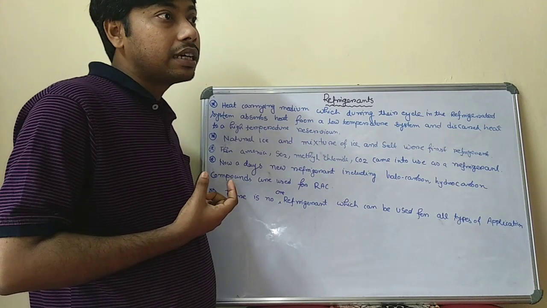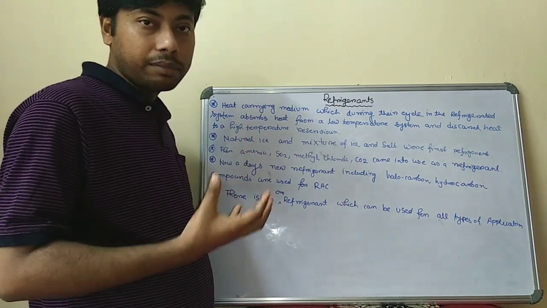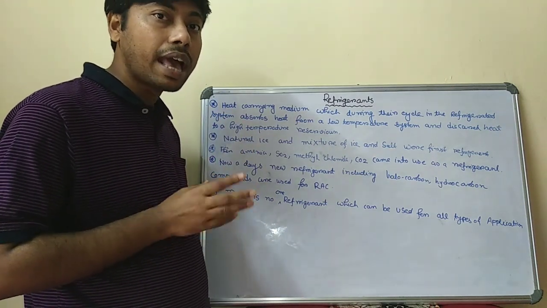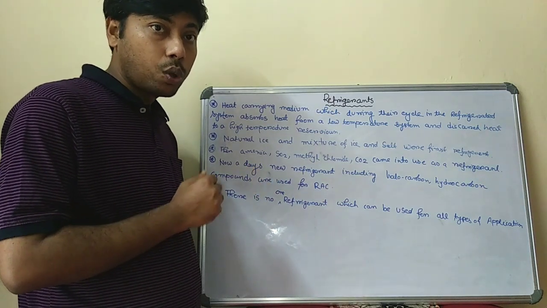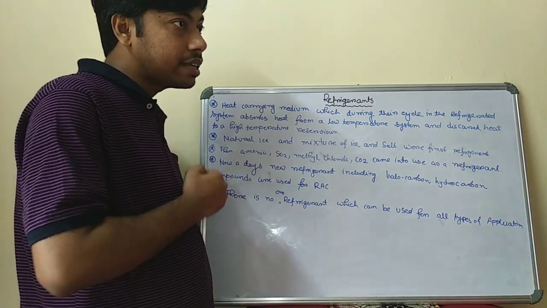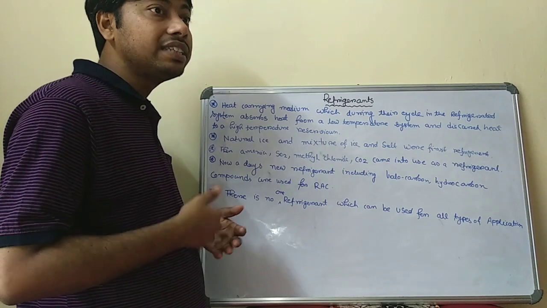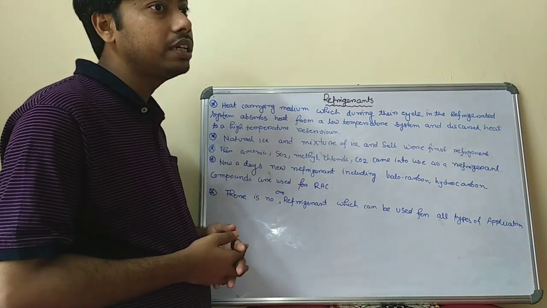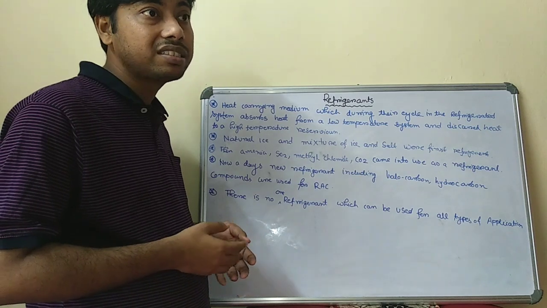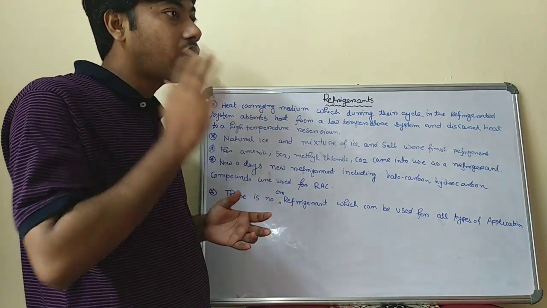The problem is that the refrigerant should have thermal stability, chemical stability, and obviously safety. These three main things have to be looked after. But as refrigerants came into the picture, some became obsolete because they did not have thermal stability, chemical stability, or safety. There were environmental hazards, they attacked the environment, so that's why some refrigerants are already obsolete.